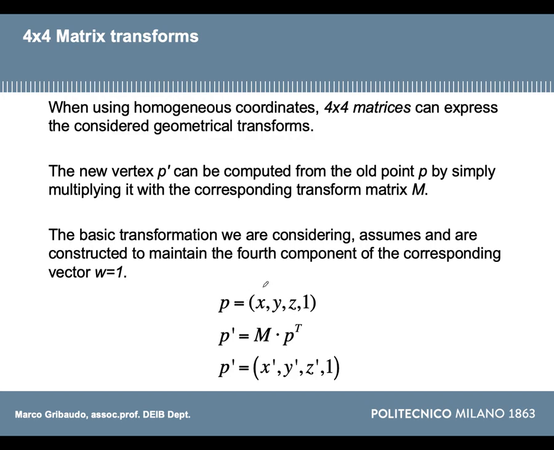Okay? If we consider a point in space as a 4-component vector, the transformation is done by performing the matrix vector multiplication between the matrix that represents the transform and the vector that represents the point we want to move.